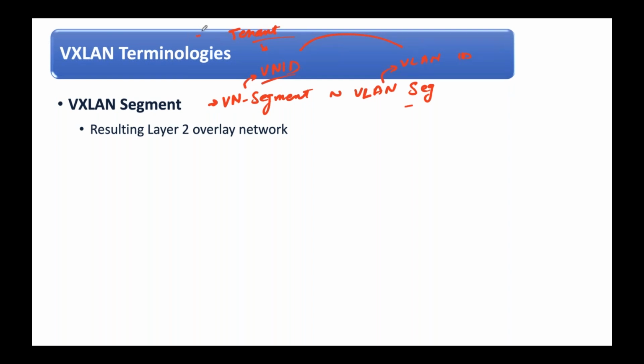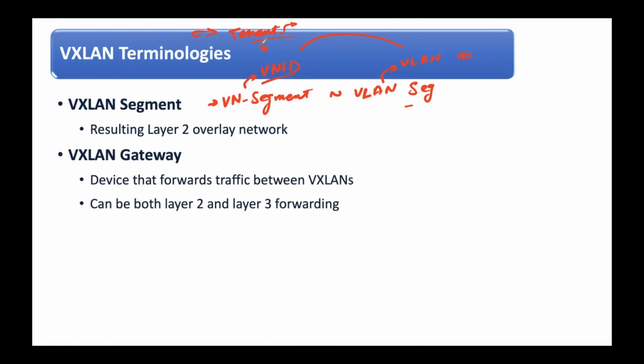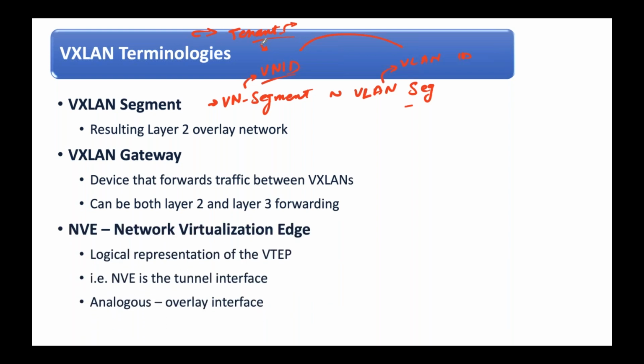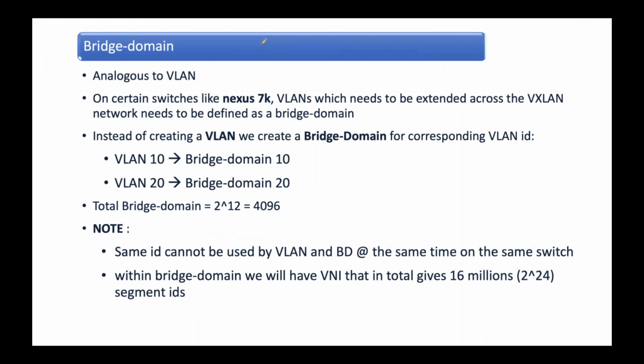We need to configure them with regards to our different tenants. Guys, the terminology tenant is cloud-based terminology. In a cloud network setup, we don't call our customers customers, but we call them tenants. Multi-tenancy. VXLAN Gateway, NVE interfaces, we have already discussed.